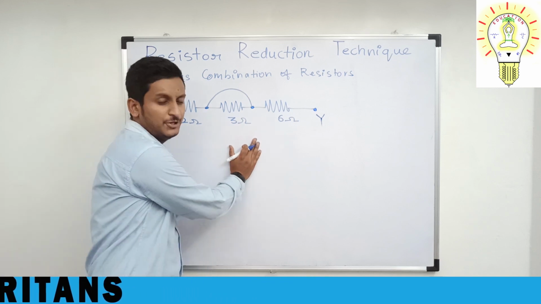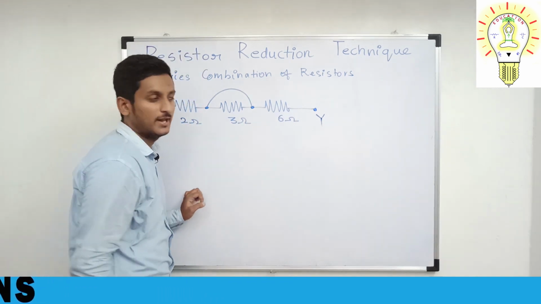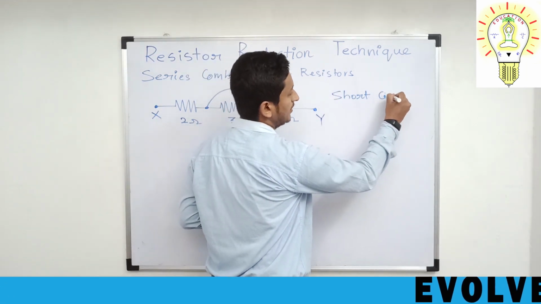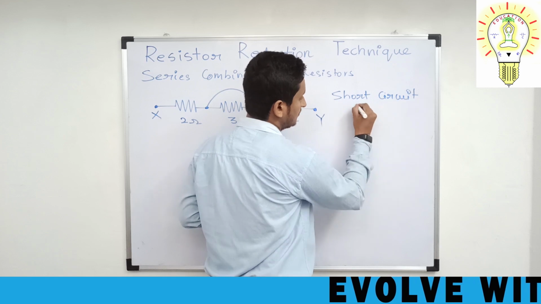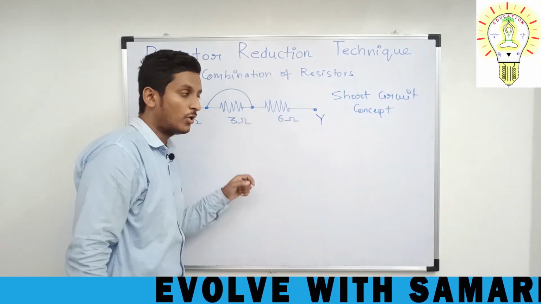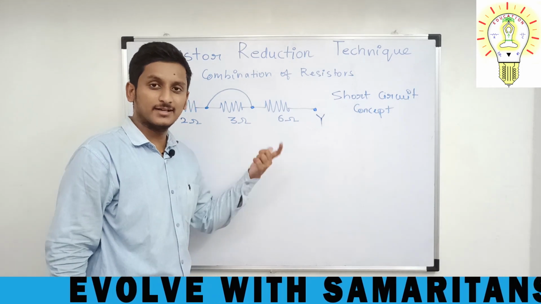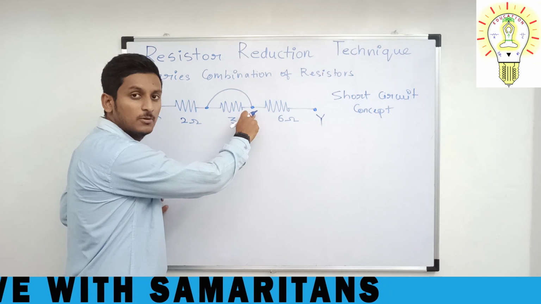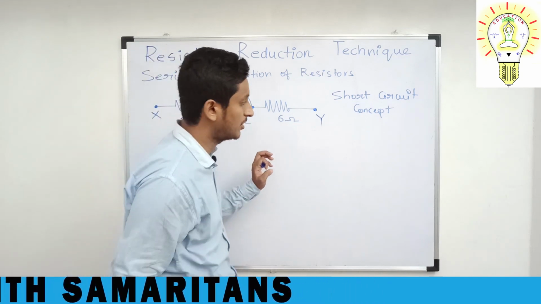Now, this is a new concept. This concept is called the short circuit concept. What is that short circuit concept? Let us understand. Before I explain this problem, I would like to tell what the short circuit concept is.